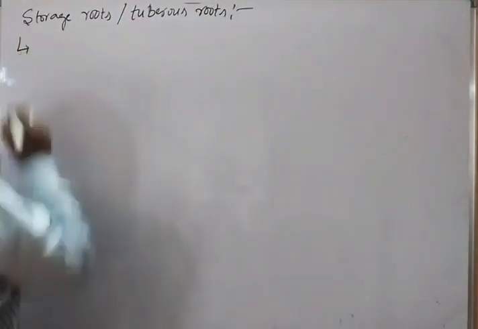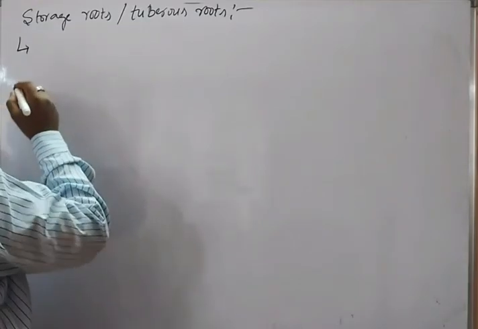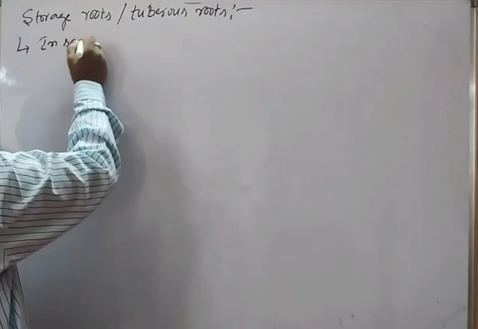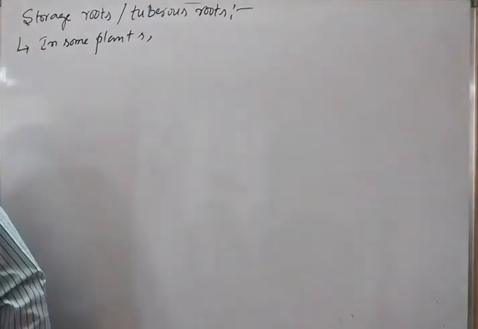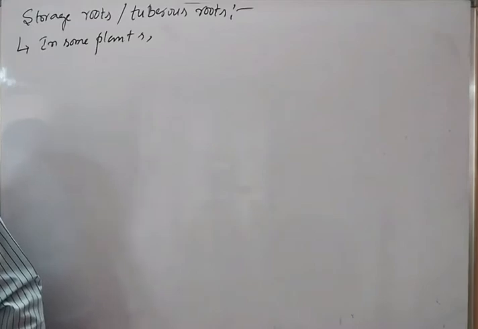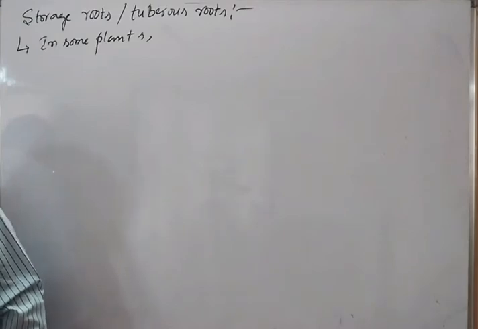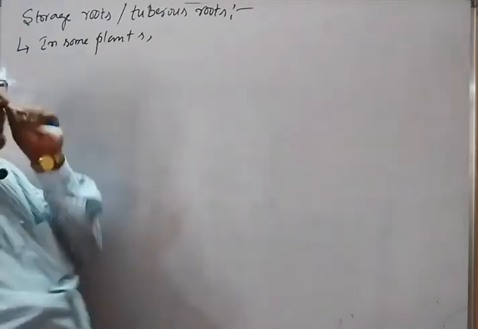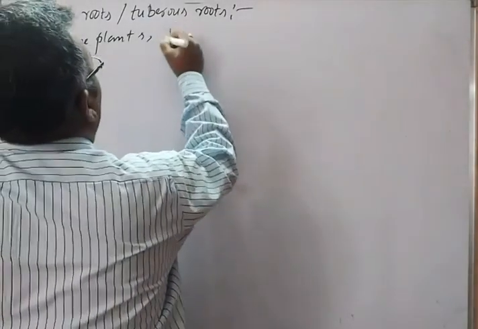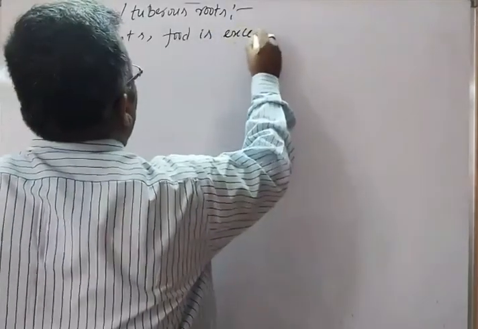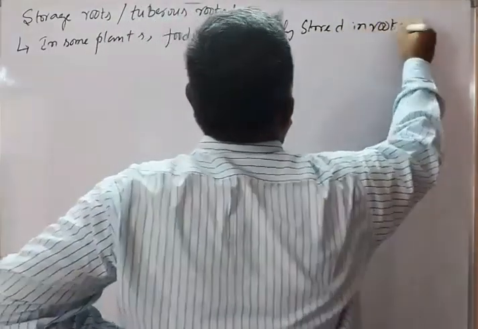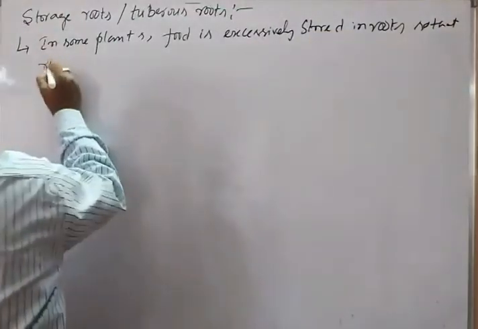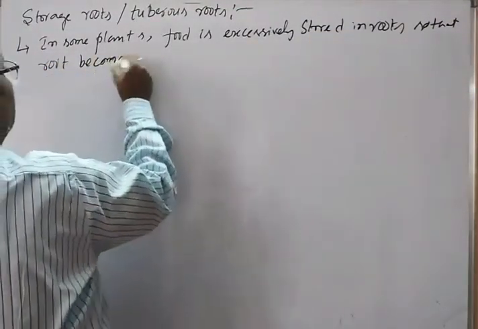See, in some plants, food is excessively stored in the roots, so that the root becomes tuberous.